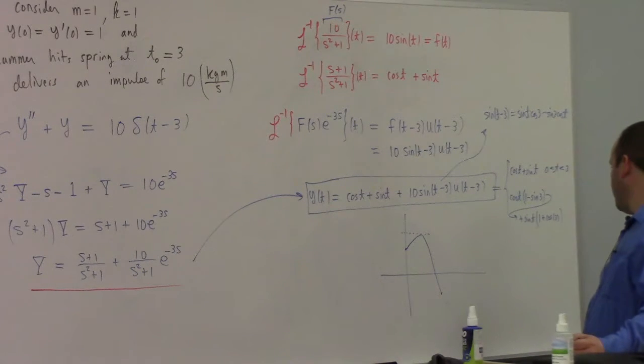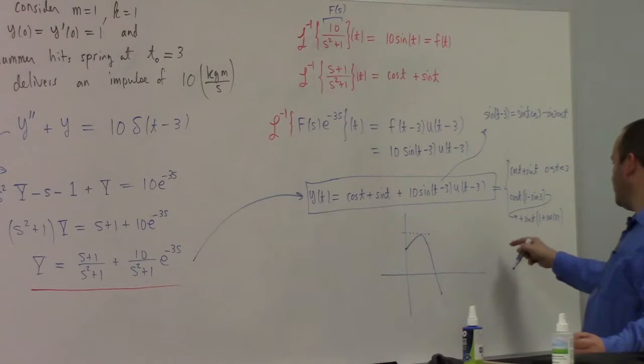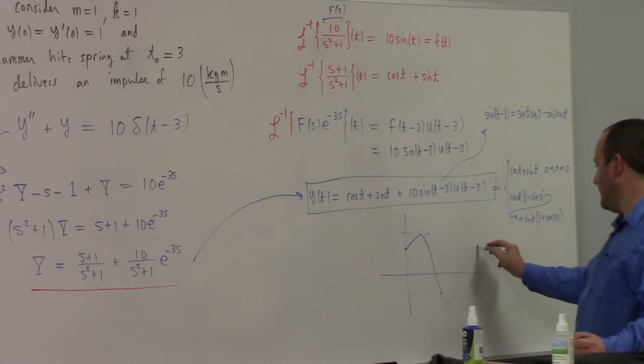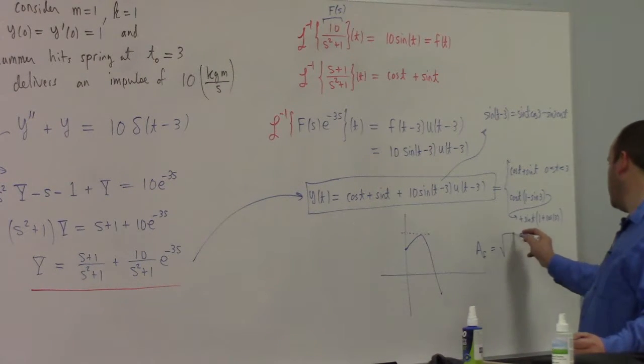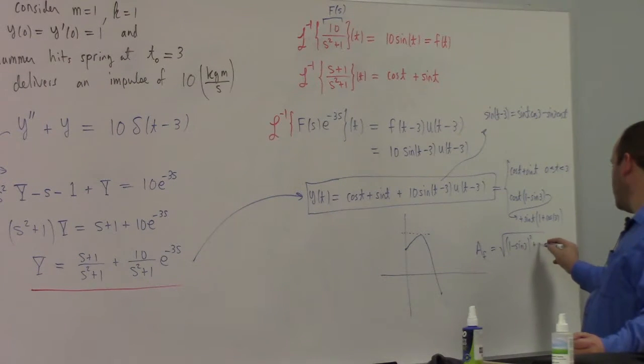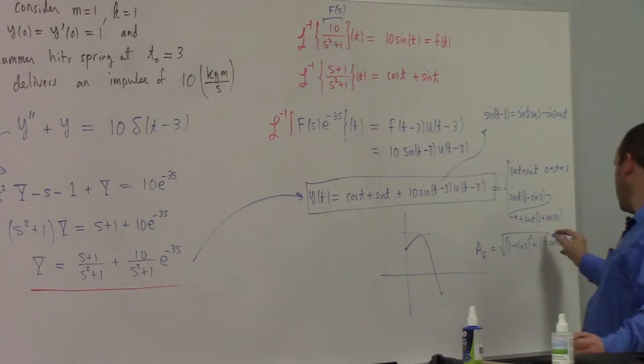Now, if I remember right my trigonometry, the final amplitude is going to be the square root of 1 minus the sine of 3 squared plus 1 plus the cosine of 3 squared. Right?